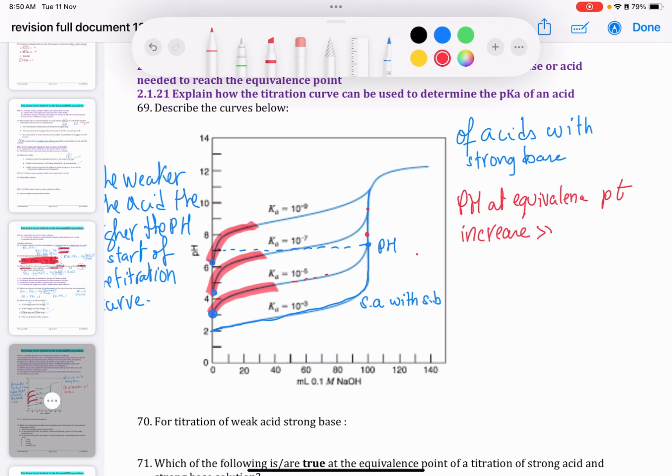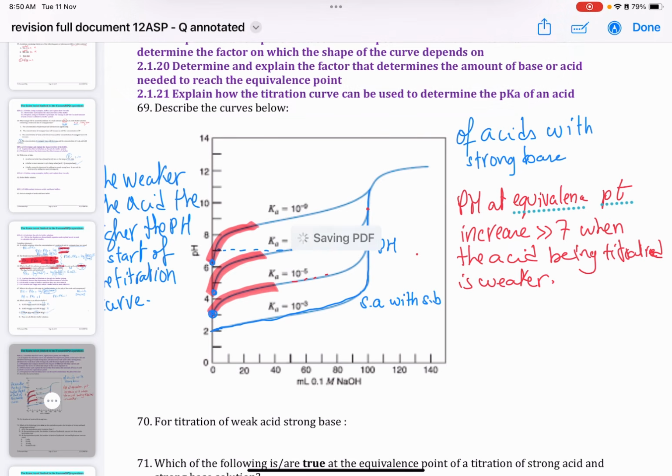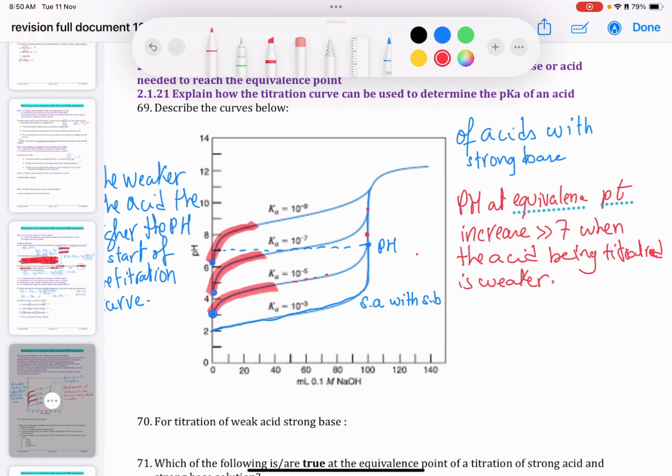It becomes more and more above 7. It increases when the acid being titrated is weaker. So the weaker the acid, the higher the start of the curve. And as you can see, the jump becomes steeper because the acid is weaker.